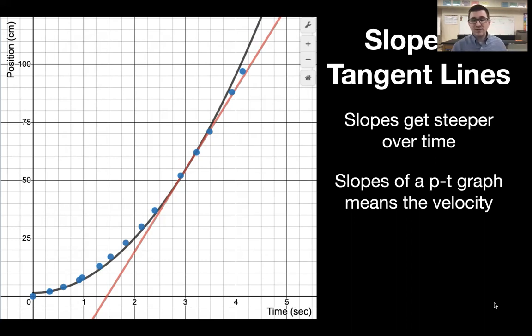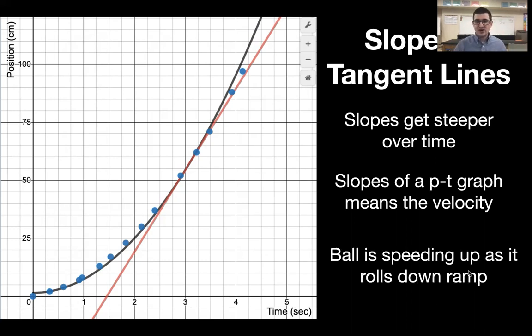Putting these two pieces of information together should make it pretty clear that the ball was speeding up as it was rolling down the ramp, which just makes sense. If you think about anything rolling down a hill, it's going to get faster and faster and faster as it's rolling down that hill. We can see this in the graph because the slope gives us the velocity, and the slopes are getting steeper and steeper and steeper as we go through time.